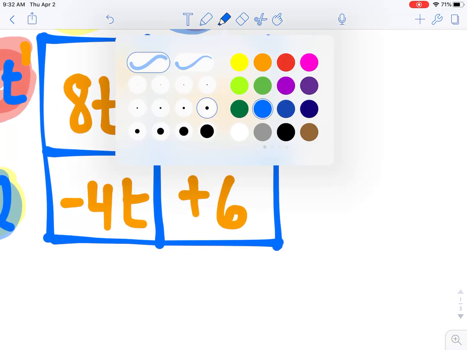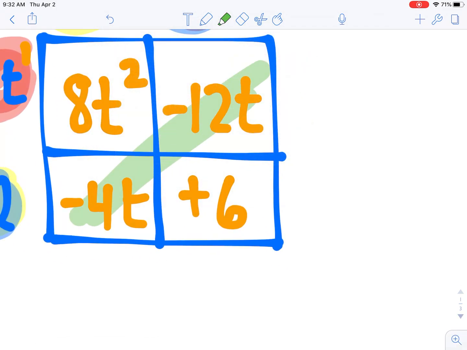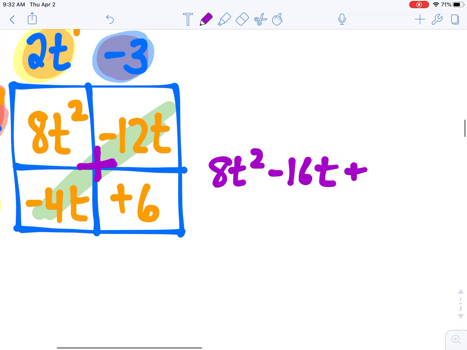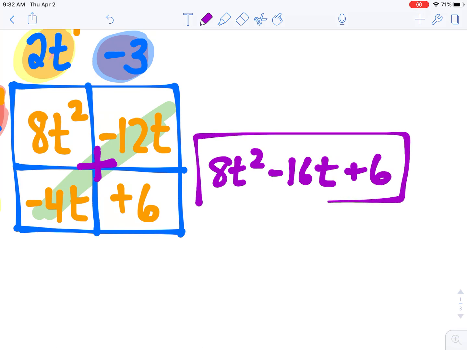Once you get your box organized, you want to combine your like terms. The ones along the diagonal are like terms. We're going to rewrite our 8t squared. When you combine like terms, you're going to keep the exponent and variable the same. So -4 plus -12 is -16. And it's just t. T stays the same, and then our +6.